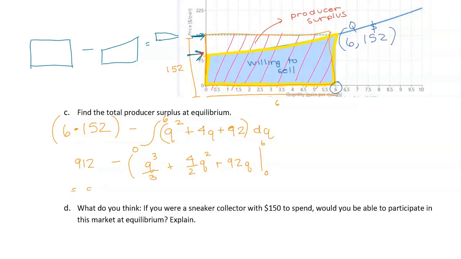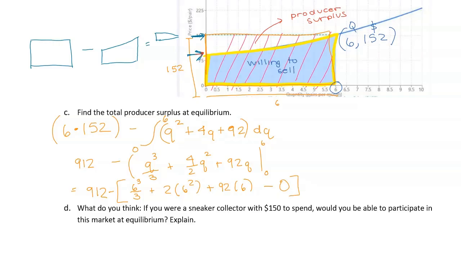This equals 912 minus, and then I will put in the 6 everywhere I see a q. So 6 cubed over 3 plus 2 times 6 squared plus 92 times 6. Then I'll subtract the function evaluated at q equals 0. Well, if I put 0 into this function, I'm just going to get 0 for each term.